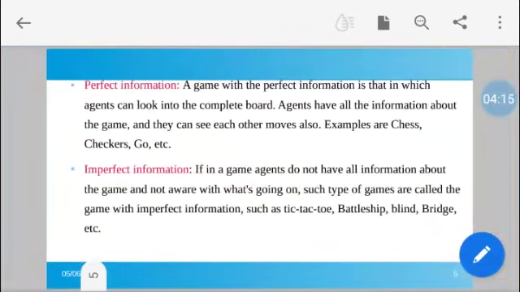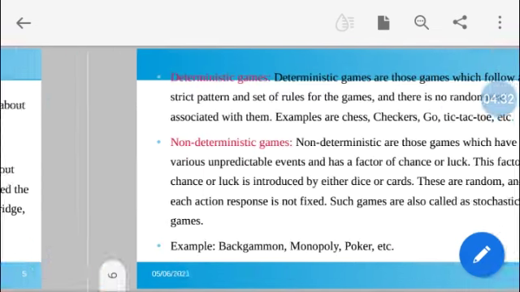So this is what we have talked about. Perfect information, when we have all the information about the game, for example chess. Imperfect information, where the agent does not have all the information about the game and is not aware of what's going on. Such a type of game is known as imperfect information.